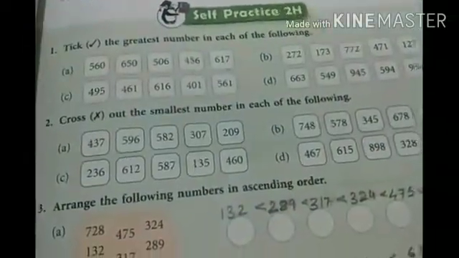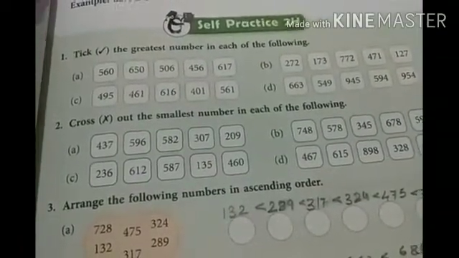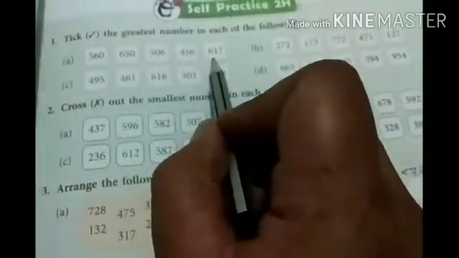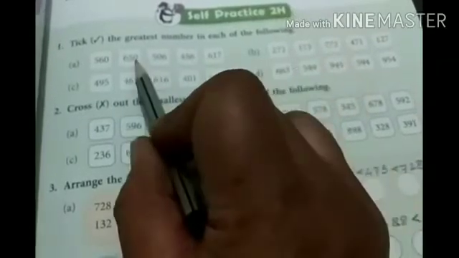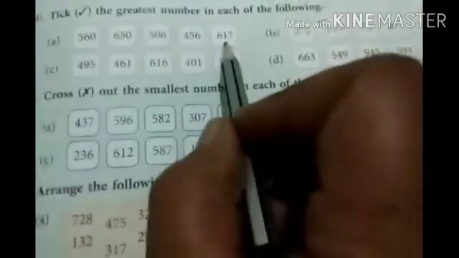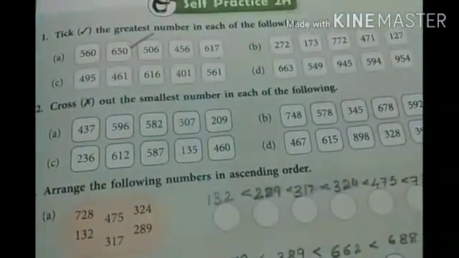So we have to compare first these, because the others are lesser than 600. Both the hundreds places are the same, so we will compare the next digit, that is the tens place. Here it is 5 and here it is 1. So 650 is greater than the whole group.